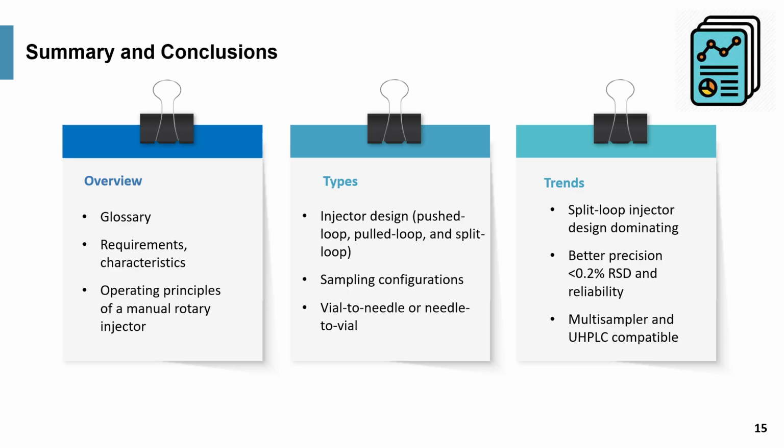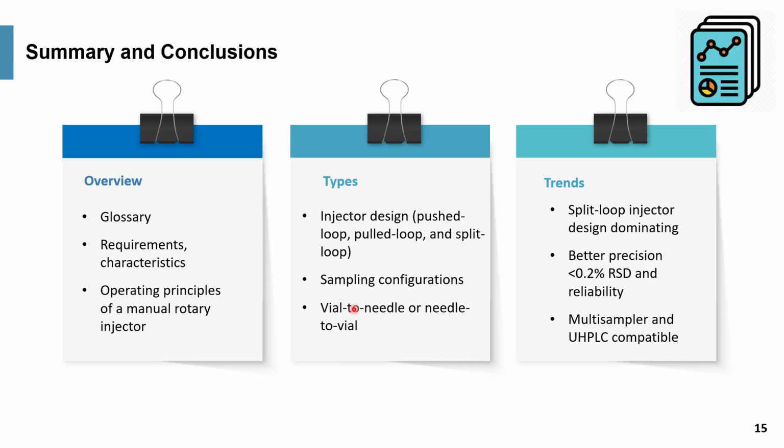On that note, I'd like to summarize and conclude the video. We gave an overview. We presented a glossary of requirements and some of the operating principles with schematics. We described the manual injection process. We described different types of injector design: the push loop, pull loop, and split loop, right? The split loop is obviously the most important because of better performance, reliability, and carryover.